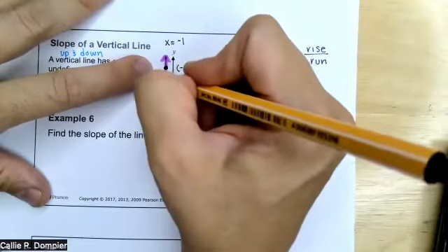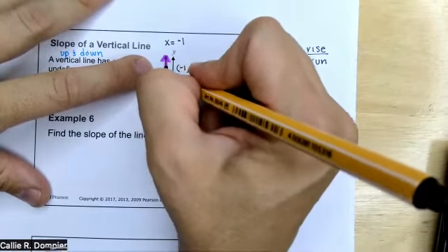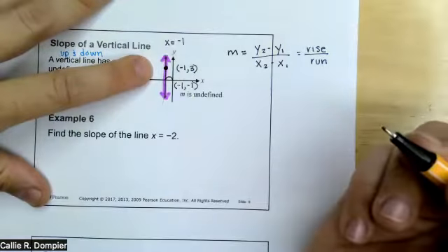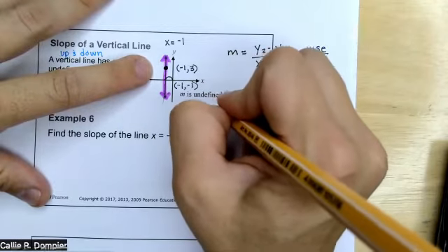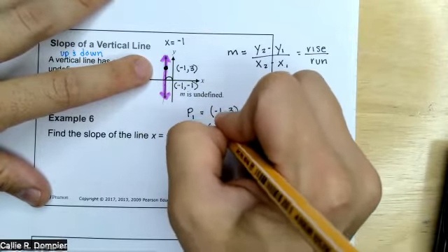I made up the spacing, I decided that was 1 unit, but it's not moving off of the -1 line. So my point 1 could be -1, 3, and my point 2 could be -1, -1.